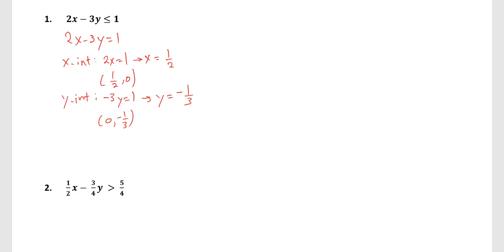Okay, and then what we do is we graph the line by plotting the intercepts. So 1/2 and 0, this is the x-intercept. 0 and minus 1/3, y-intercept, right?